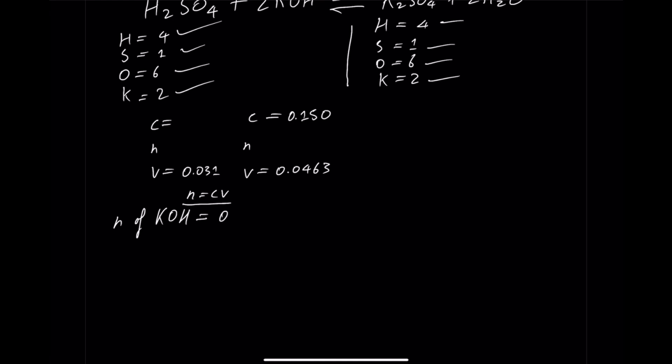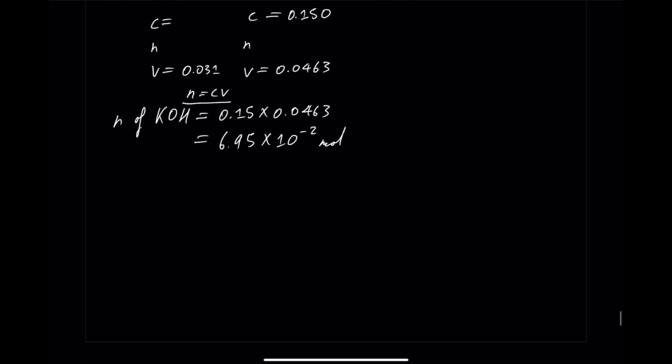The concentration is 0.15 multiplied by 0.0463. Put that into a calculator: 0.15 multiplied by 0.0463 is about 6.95 times 10 to the power of minus 3 moles.